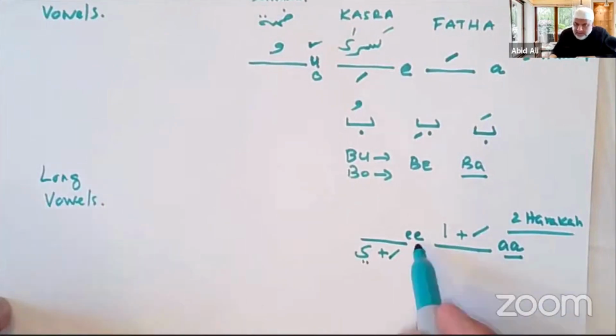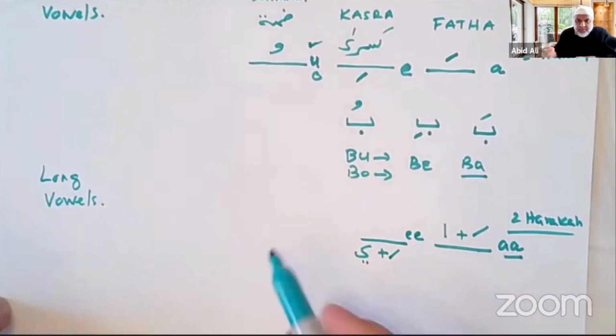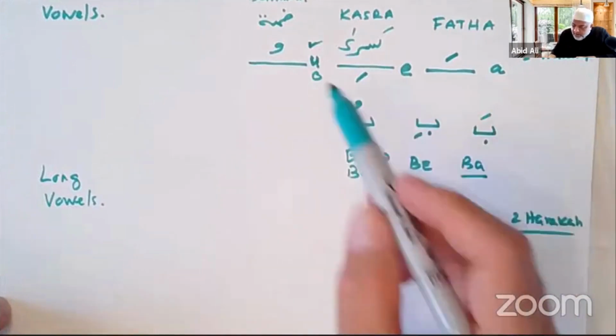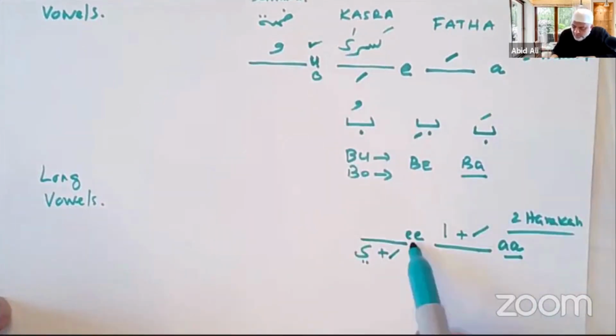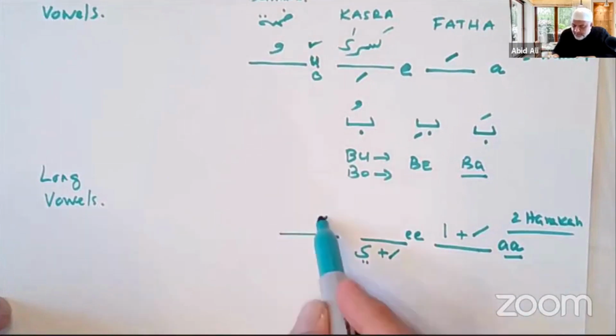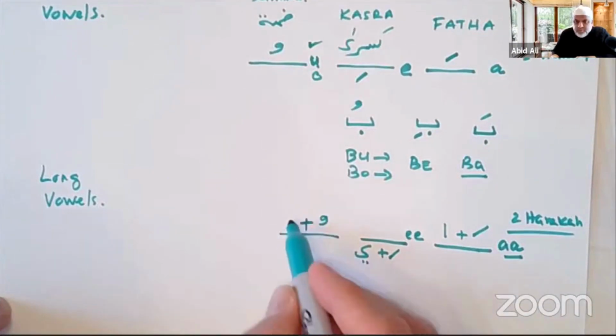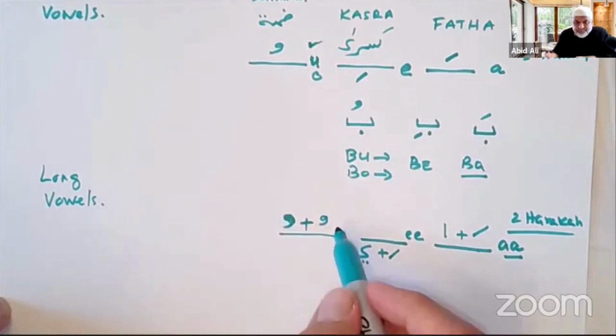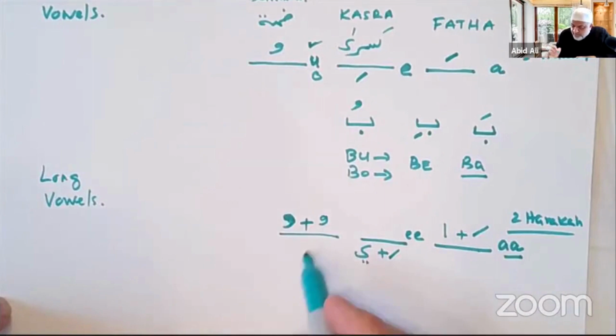A, e, u, a little bit longer. It was a, e, u, but here a, e, u. If there is a dhamma plus waw, because the corresponding letter with dhamma is waw.